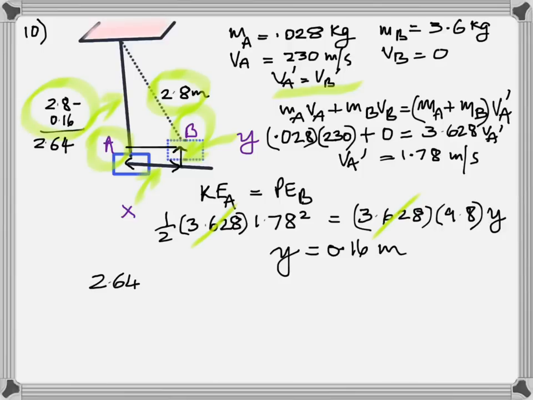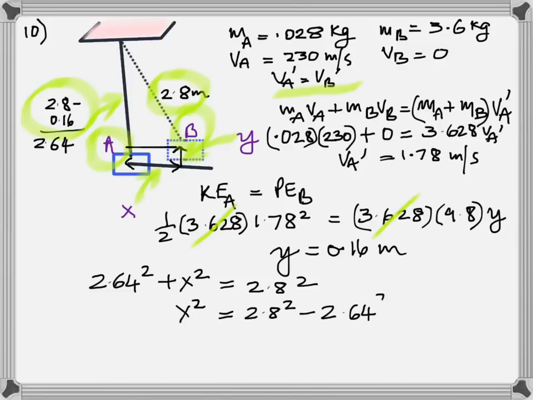So you can use the Pythagorean theorem, 2.64 squared plus x squared is 2.8 squared, from which x squared can be found, and then the square root can be taken to find x. So x squared is 0.88, and x is 0.93 meter.